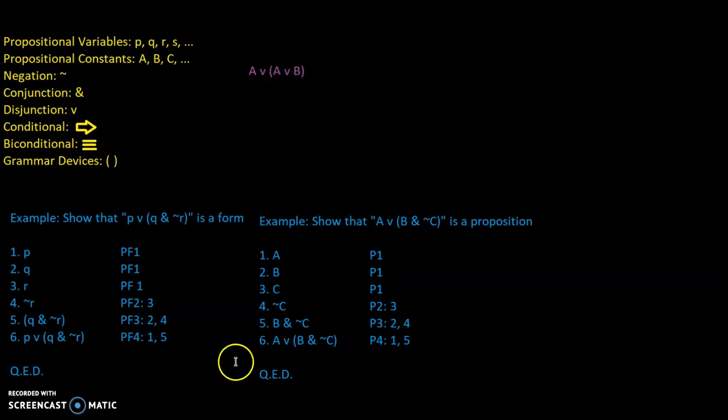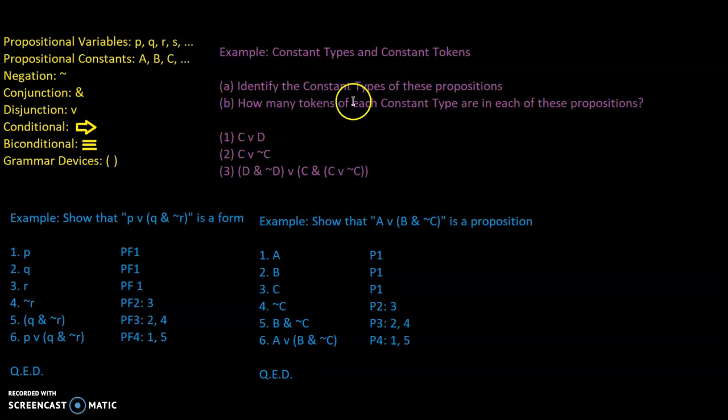So let me give you an example to see if you understand the language. Go ahead and try to figure out this one. For each of these propositions, identify what the constant types are in them and identify how many tokens of each constant type are in them. So pause now and give that a second.